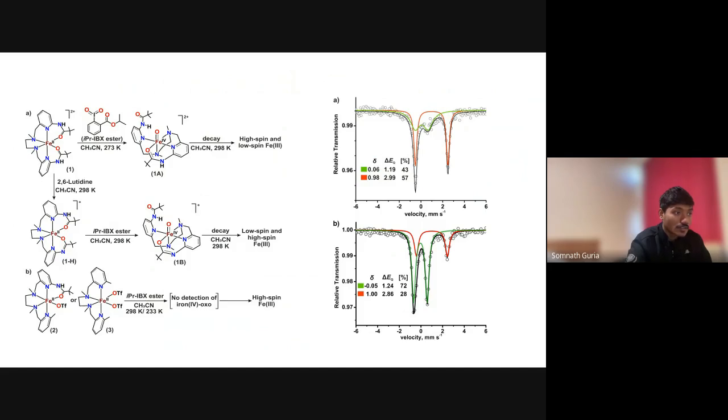This is the iron(IV) oxo species, and it has a delta value that is less negative because of the iron(IV), and the rest of the thing is the remaining initial one, which is iron(II).